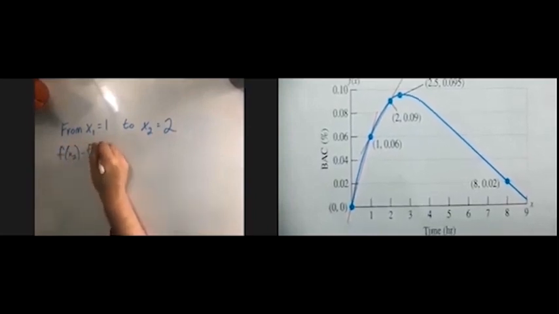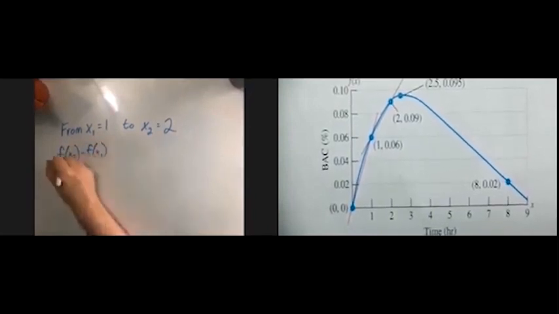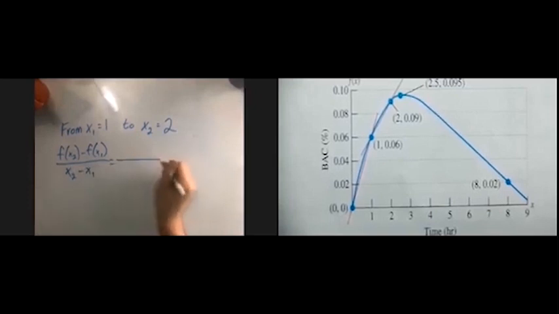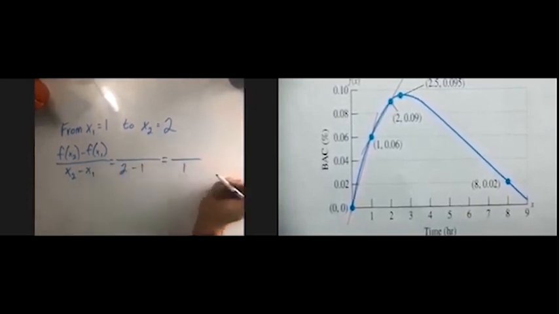So f of x2 minus f of x1, which is the same as y2 minus y1, over x2 minus x1, over 2 minus 1. So this one's over 1 again. 1 what? 1 hour.